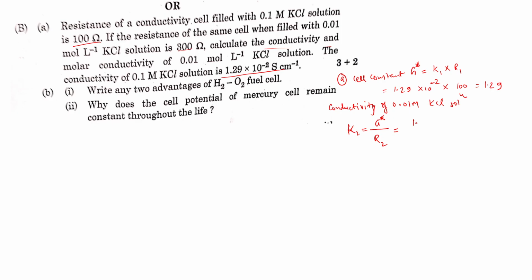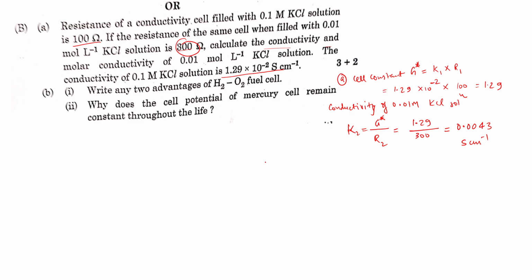So this is going to be 1.29 over 300, as in the second case the resistance is given as 300. This will come out to be 0.000043. Unit is Siemens centimeter inverse. So this is kappa for the second experiment.